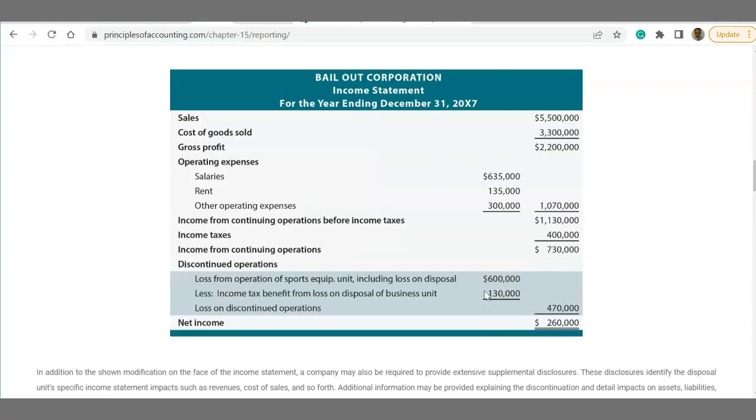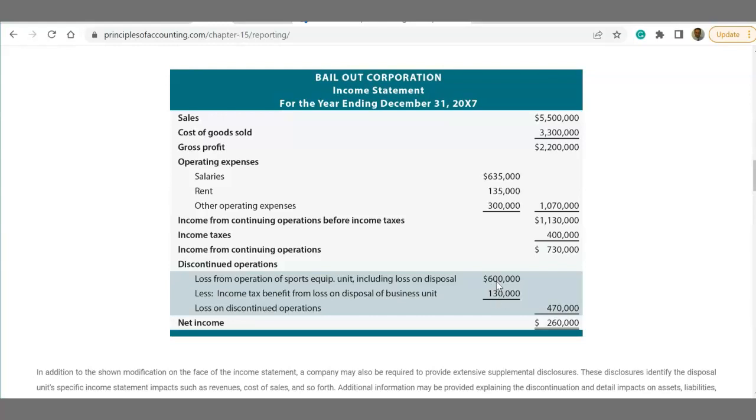The income tax for the operation is already calculated up here. But when you show a loss here, then that loss by itself has some tax benefit, right? So you need to show that $130,000 is the tax benefit of that $600,000 loss in the financial statements.